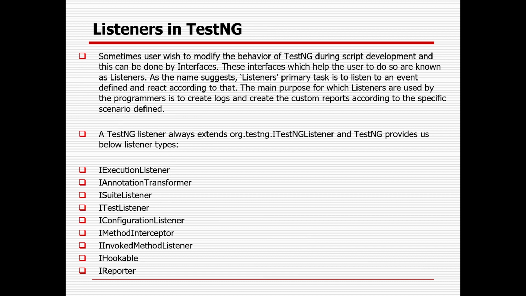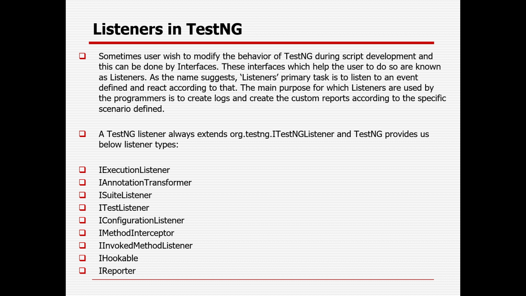Then the listener. So, what is a listener? The word listener means to listen first. Sometimes the user wishes to modify the behavior of TestNG during script development, and this can be done by an interface. So what is an interface? You already know, right? You already covered it in Java. Most of what is covered in Java you will be using in the next couple of sessions, especially for the framework area.